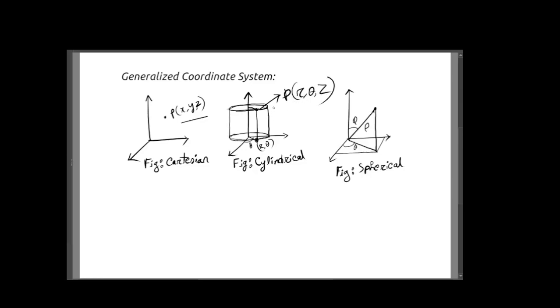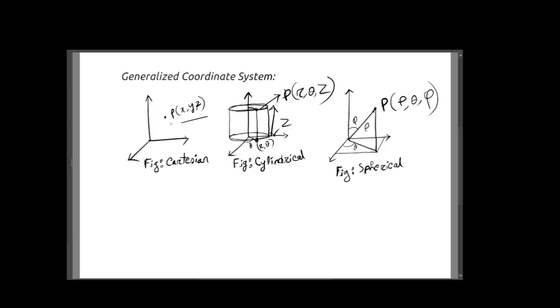Here z is the length of the cylinder. For spherical coordinate system, a particle's position can be represented with r, theta and phi. In these three coordinate systems, we can specify the position of a particle like this.